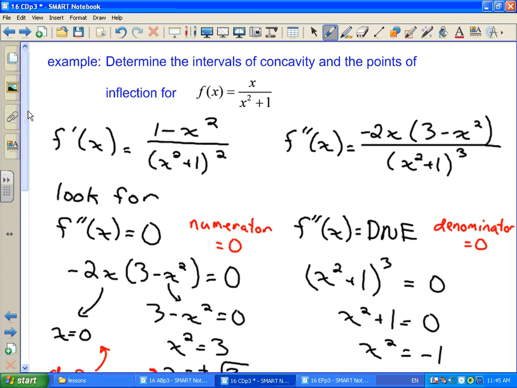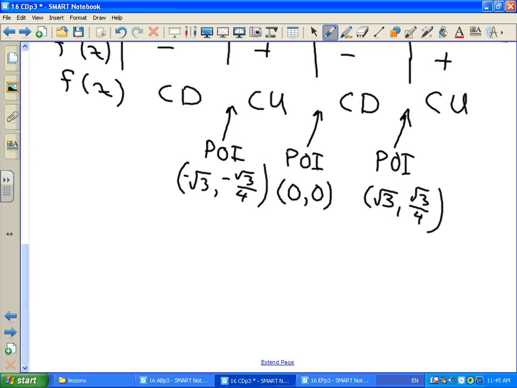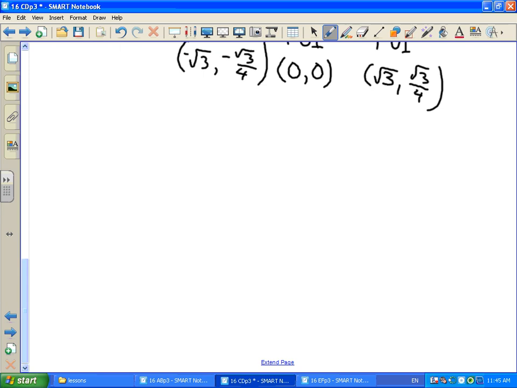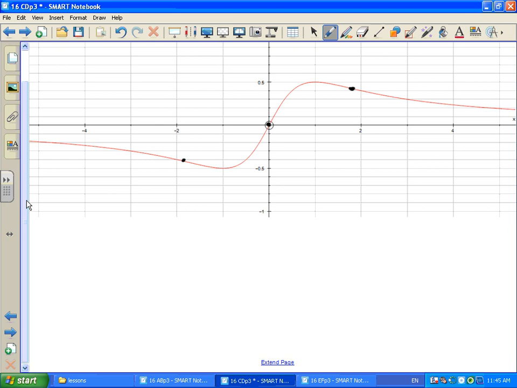And sorry, one final note here. Actually, I'll do that on the next page, sorry. Note. Just because you find a point where the second derivative is equal to 0 doesn't mean that there has to be an inflection point there.